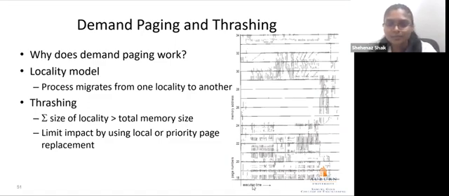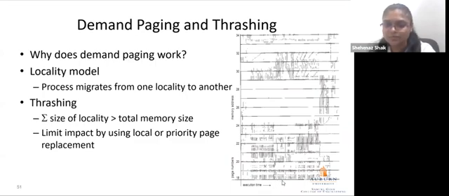One other important aspect here is that as the execution of the process progresses, the locality itself changes over a period of time. From this point until this point, the process is accessing pages 18 through 24, as well as 29 through 30, and then 31 through 34. These are the pages which are primarily being accessed.